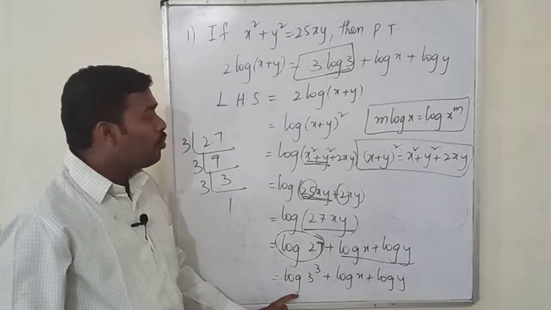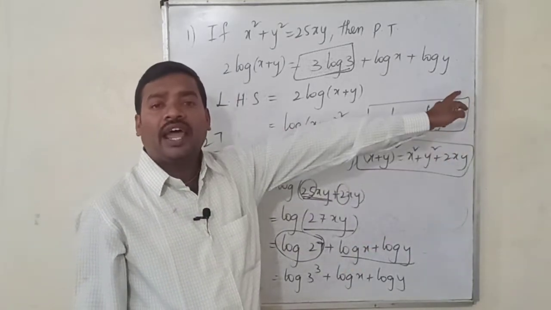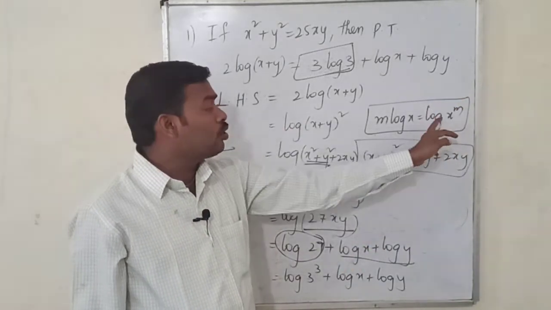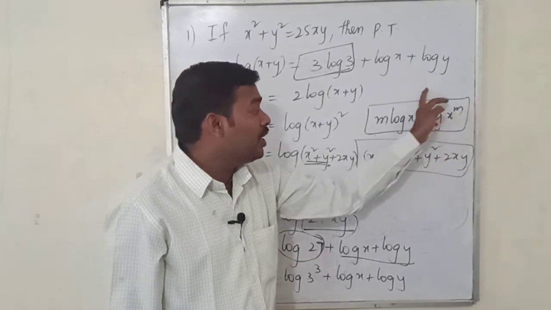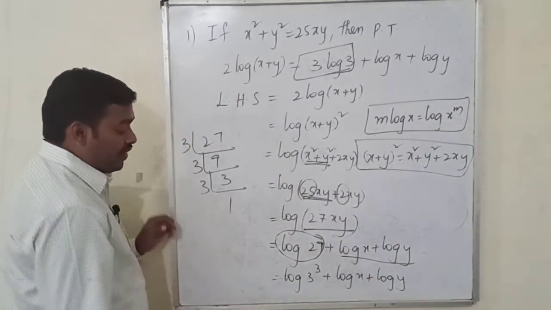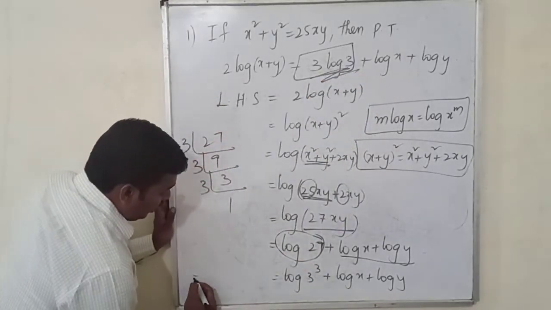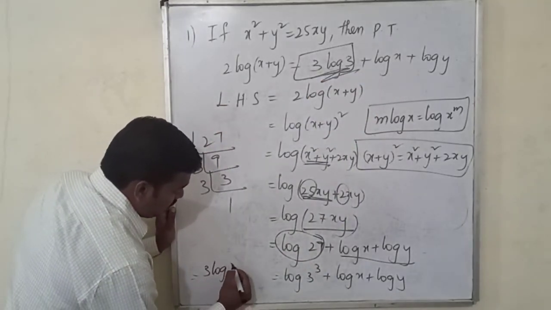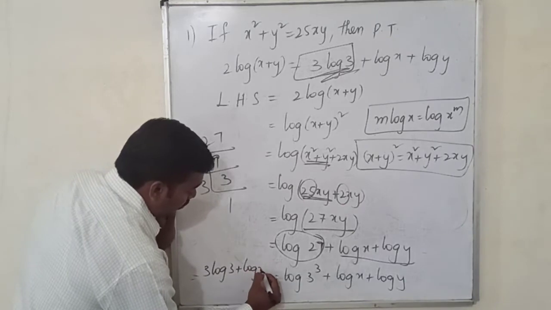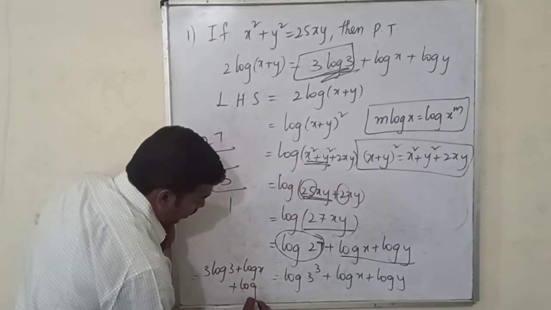Again this is in the form of log x power m. We need to apply the power rule of logarithm. The power will become the coefficient of log. That will be 3 log 3 plus log x plus log y.